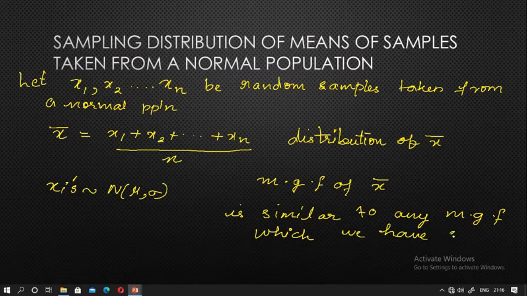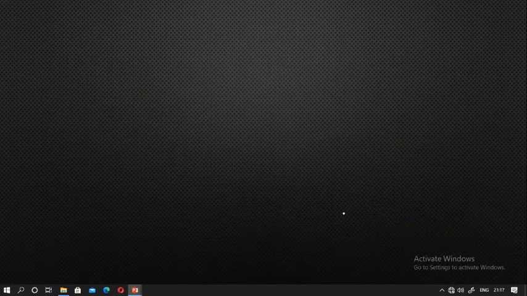If you find a similarity, then we can say that x bar follows that particular distribution.